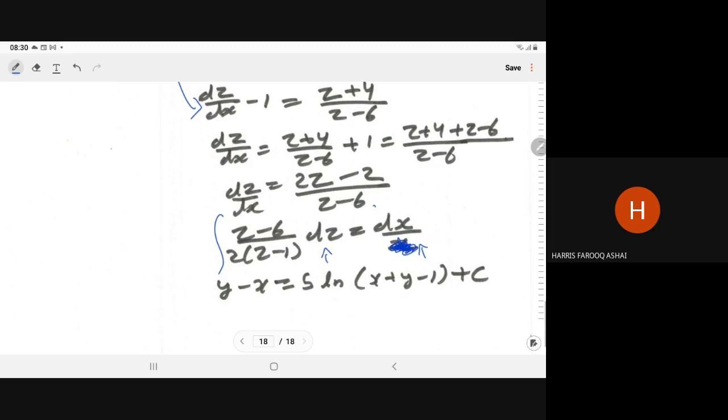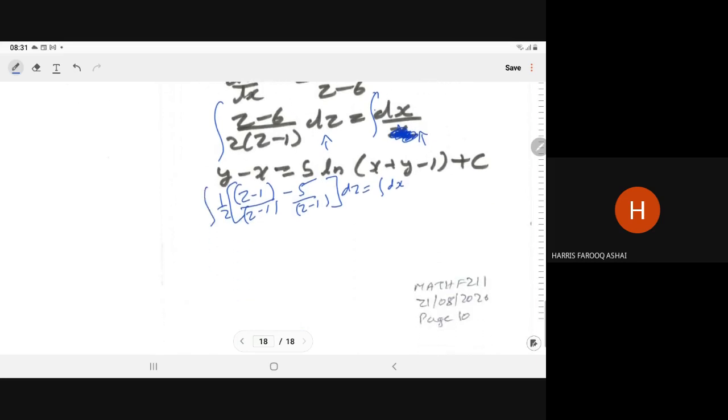So here, if you integrate on both sides, z minus 6 upon z minus 1 we can write as z minus 1 minus 5 upon 1 by 2 into z minus 1 dz is equal to integral dx.